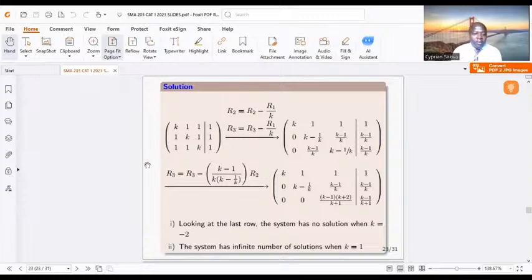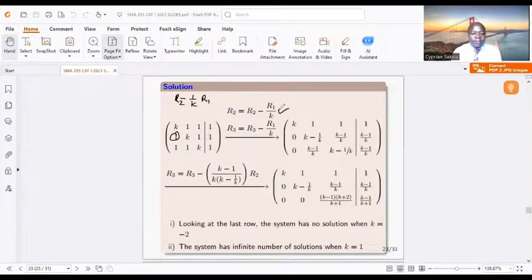I want the first k there to be the only non-zero element in the first column, and the rest to be zeros. So how do I get the zeros? I get a 0 here with row 2 minus 1 out of k of row 1.